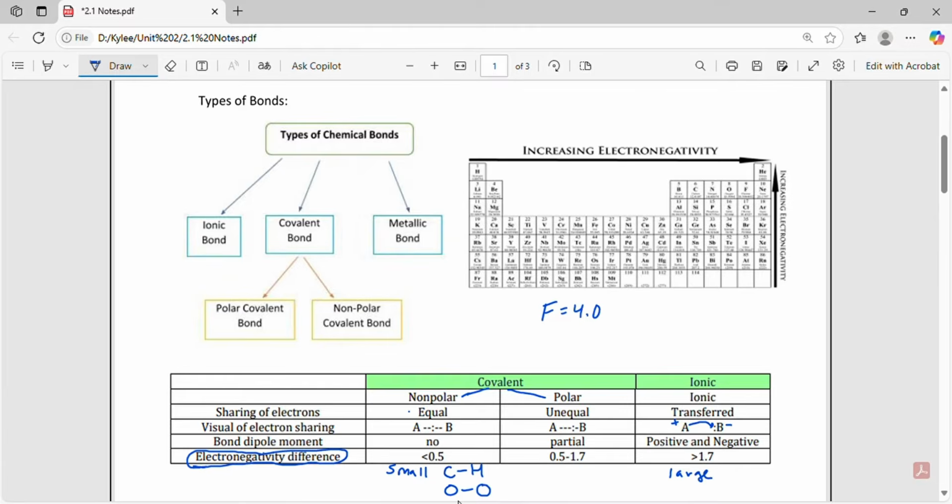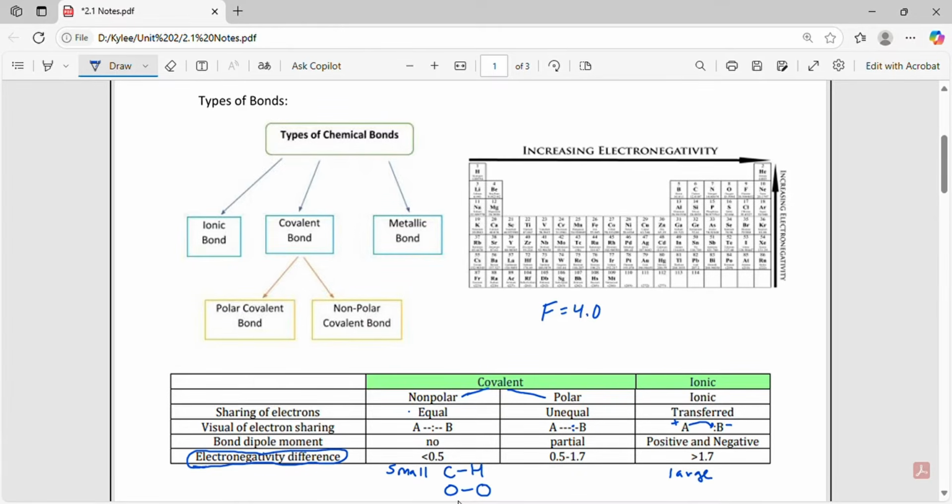And what this means is that one of the atoms, either A or B, in this case it's going to be B, is really electronegative. And it actually is winning the tug of war. You see those colons, I'm highlighting them there in the blue, they are shifted towards B. And so that means that B is more electronegative than A is.